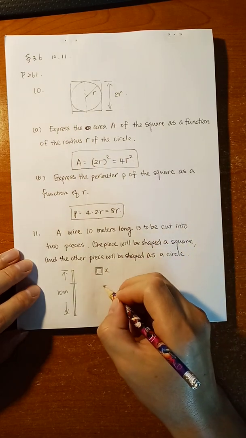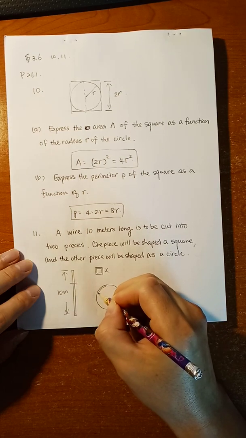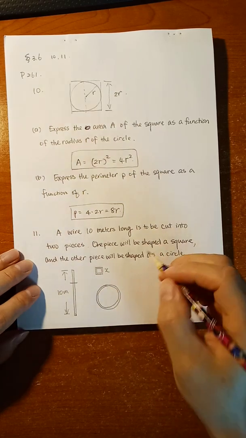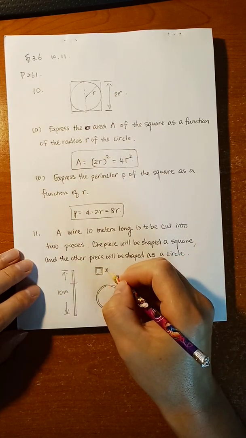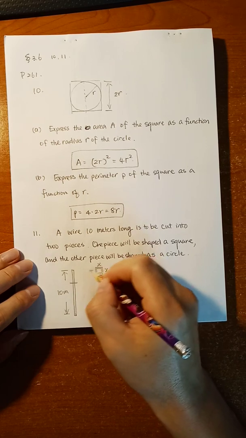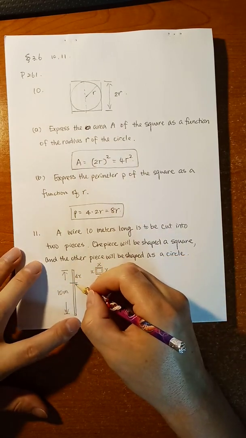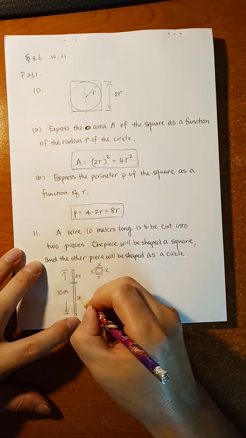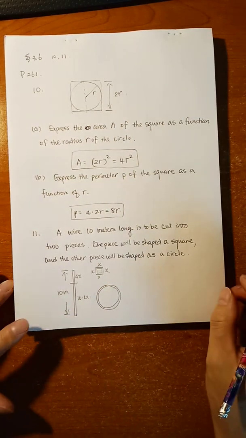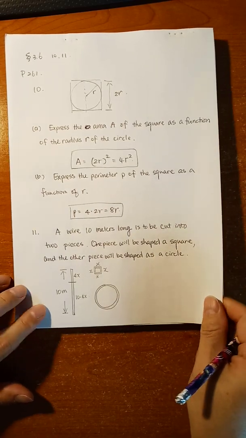And now we have the circle. So this square has side x, so you have x, x, x. The total perimeter is 4x. So this piece is going to be 4x. Then the other part will be 10 minus 4x. So this is suggested in the graph. That's the setting.